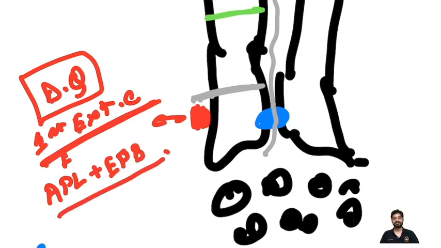Remember these two tendons. So the tenosynovitis will involve your abductor pollicis longus as well as extensor pollicis brevis.